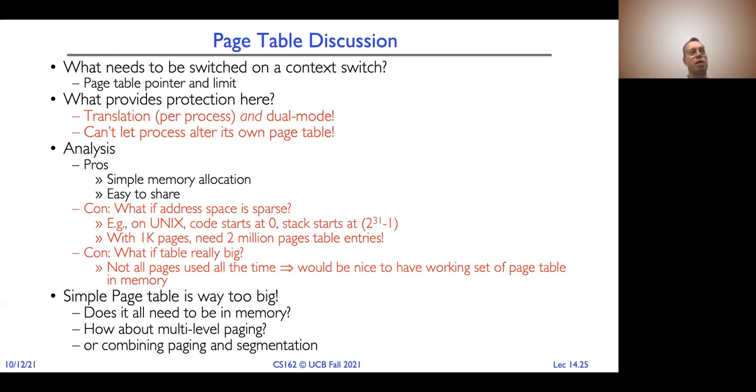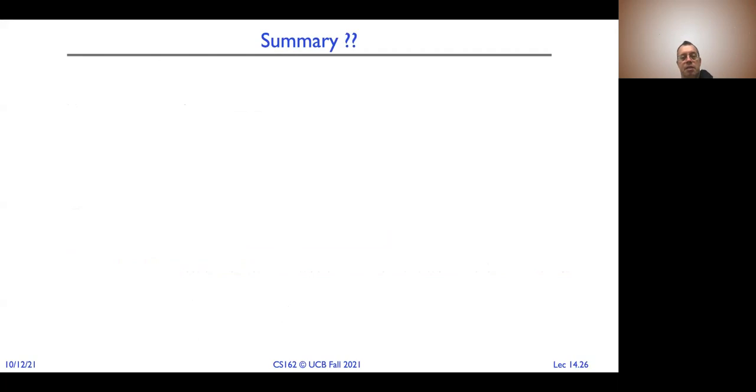Well, the solution is you repeat the same technique, you do it recursively, and it's multi-level paging. If the page tables are very large, then why don't we have a page table for that page table? Or you can combine paging with segmentation.